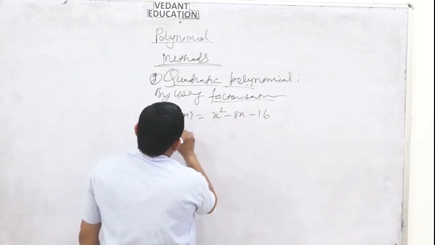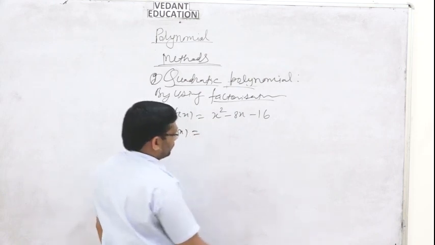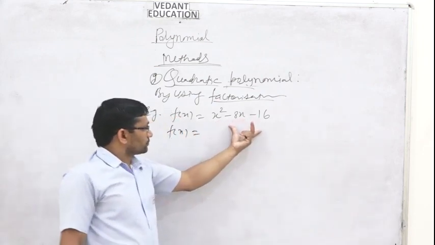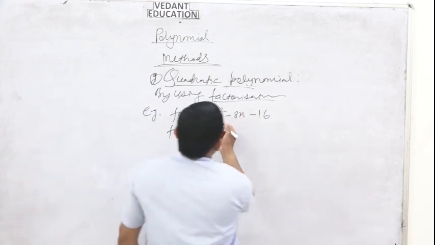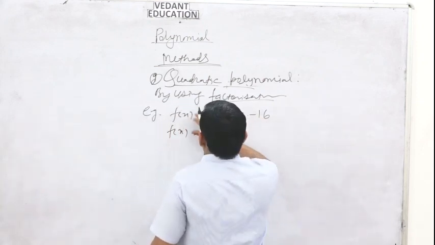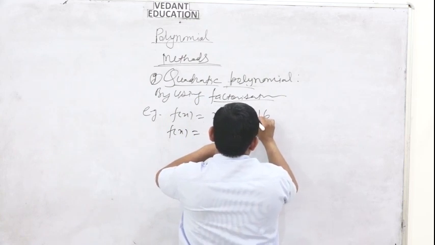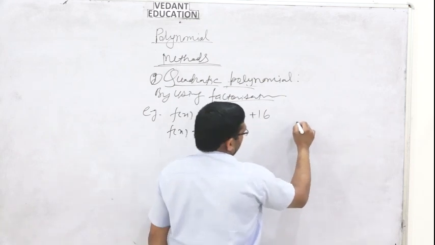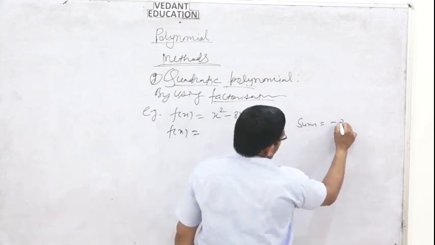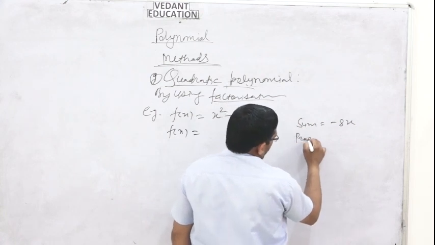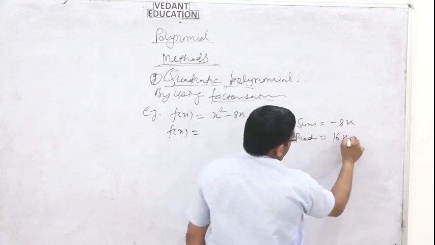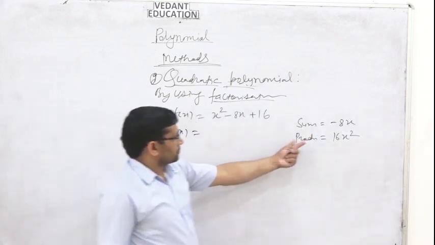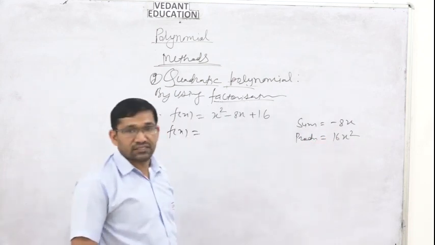So we can factorize f(x). For this factorization, here the sum is minus 8x and the product is 16x square.